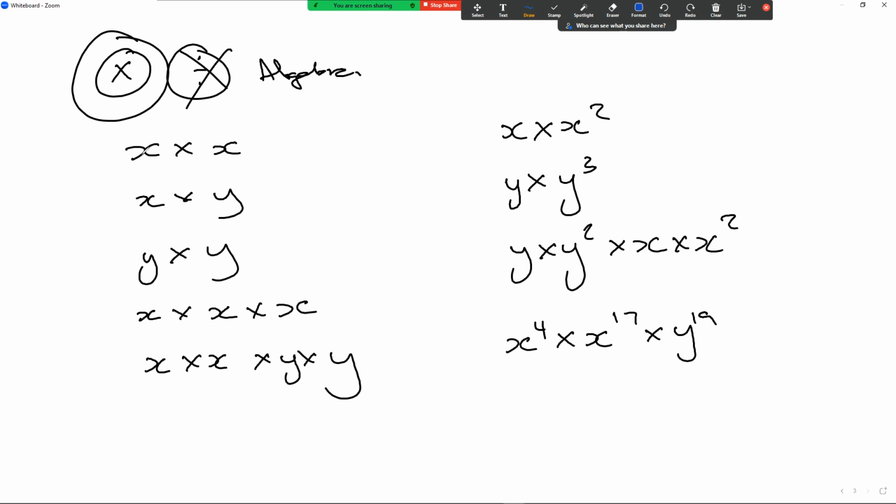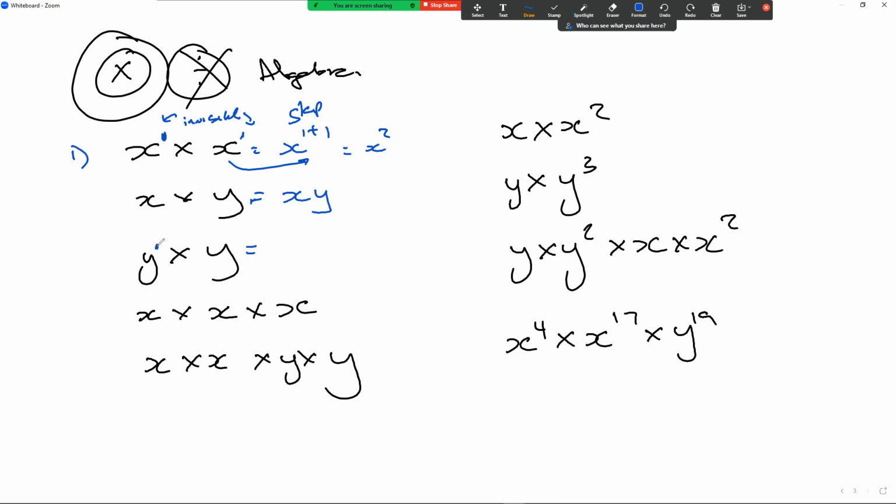When you have x times x, the power is an imaginary invisible again, 1. So we have invisible powers. What we do is we silently add the powers together, which we can skip this step, and we can go straight to the answer and go x times x is x squared. X times y, xy.